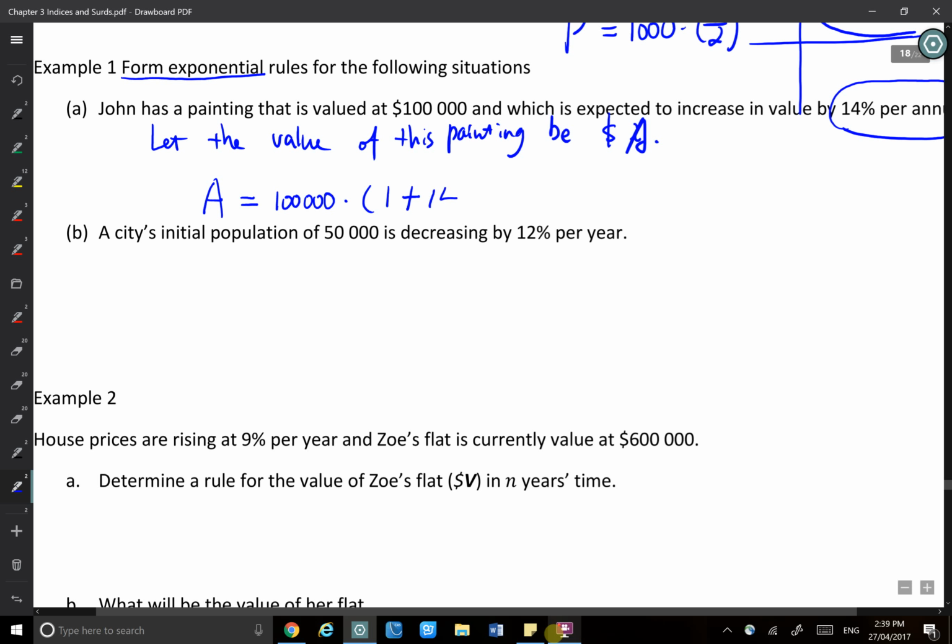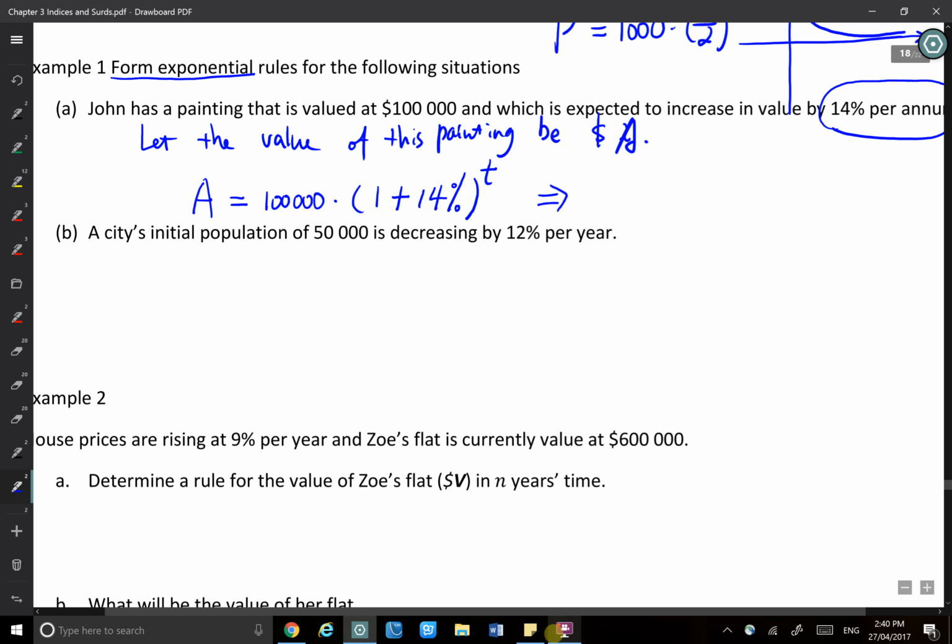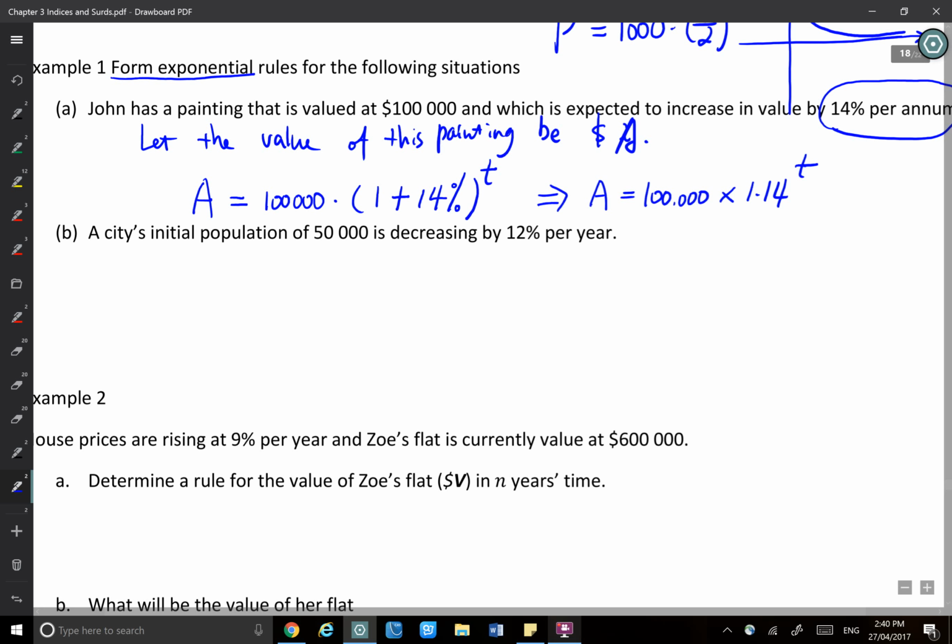So 1 plus 14% to the power of t, depending on the year. This is an A–t graph. You can simplify that as 100,000 times 1.14 to the power of t.